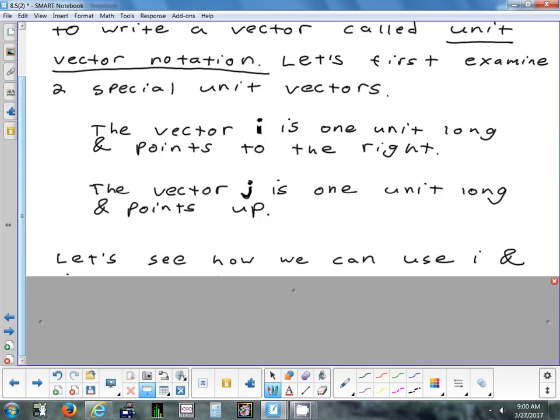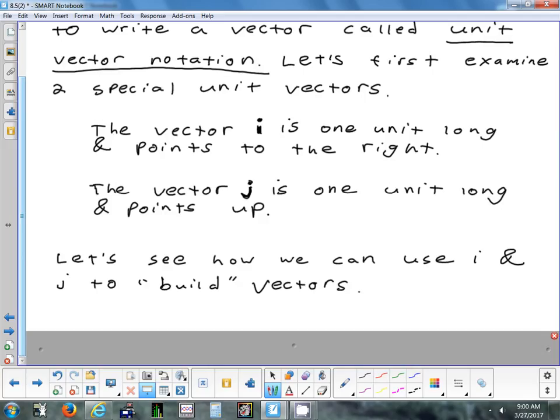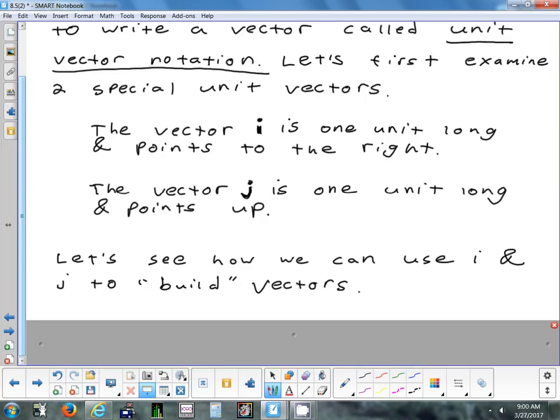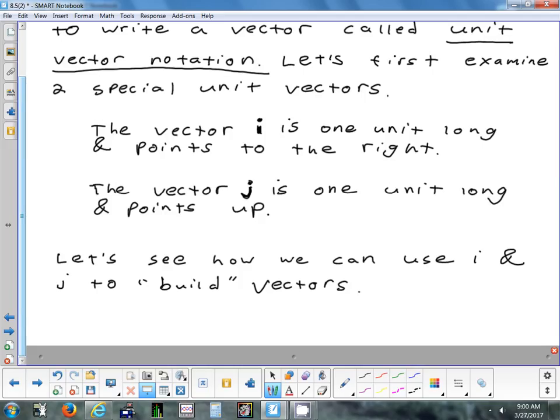So the last notation for writing vectors basically uses, think of i and j as building blocks. You stack i's and j's together to build whatever vector it is you want to build. Okay, so that's what I'm going to show you right now, how we can use i and j to build vectors.